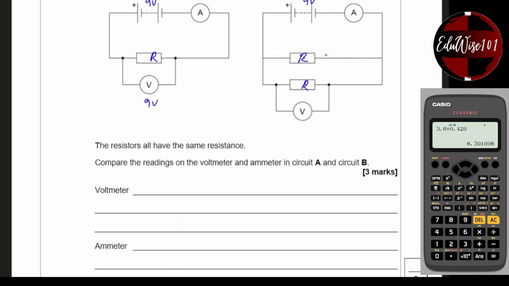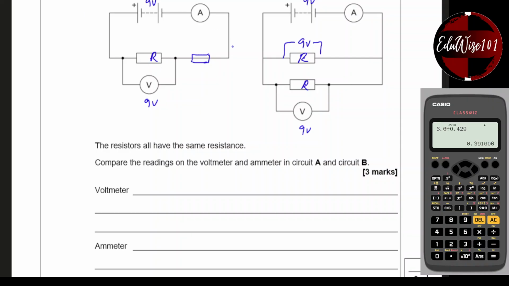Now, because it's a parallel circuit, you're going to read 9 volts across each of the components. So it's going to be 9 volts across this resistor and 9 volts across this resistor as well. If it was in series, if the resistor was in here, then you could say the potential difference is going to be split. But in this case, it's just one resistor.